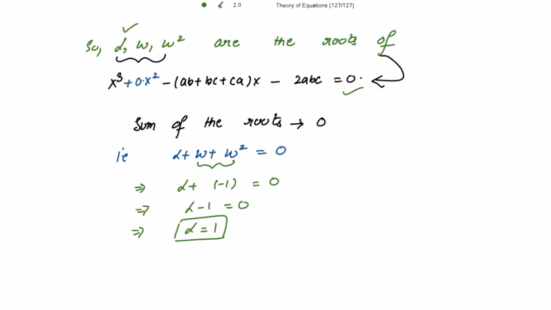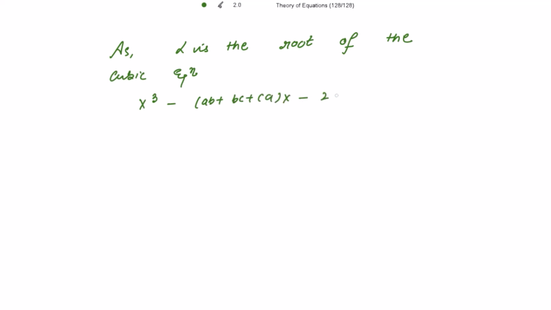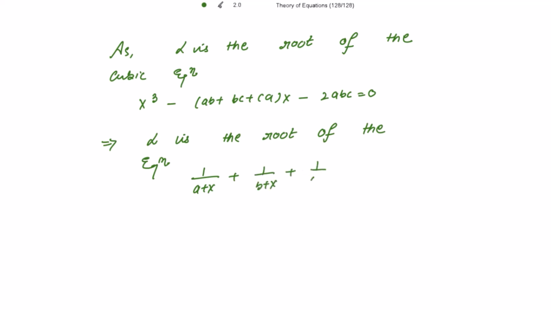Now as alpha is a root of the cubic equation x cube minus (ab plus bc plus ca) into x minus twice abc equal to 0, this implies alpha is a root of the equation 1 divided by a plus x plus 1 divided by b plus x plus 1 divided by c plus x equal to 2 divided by x.